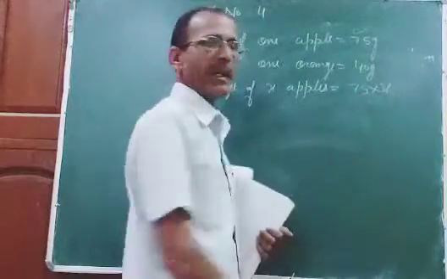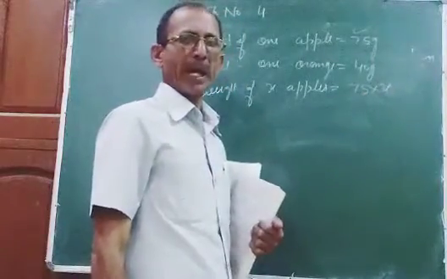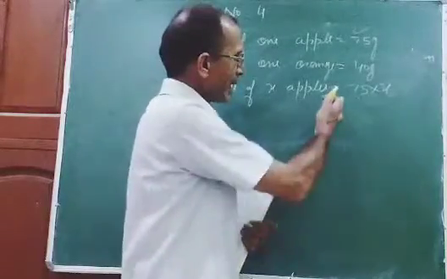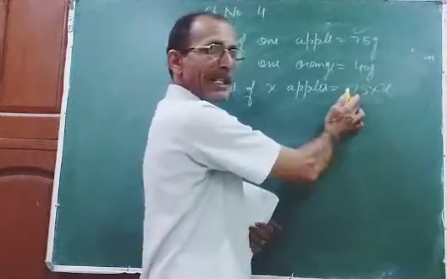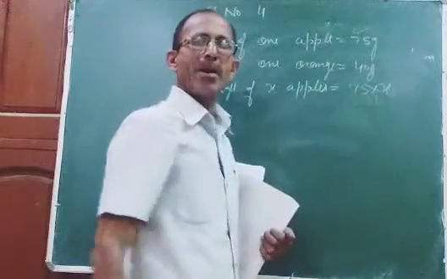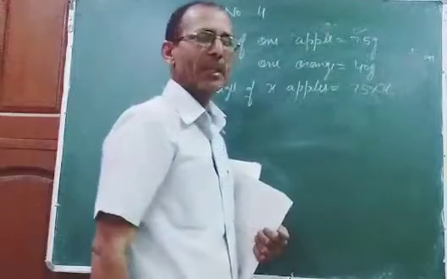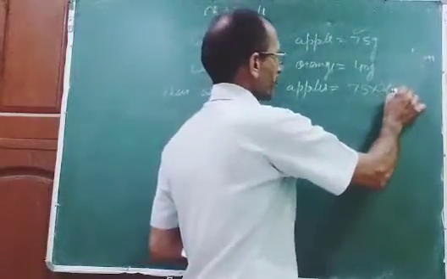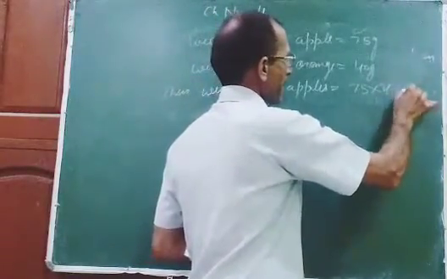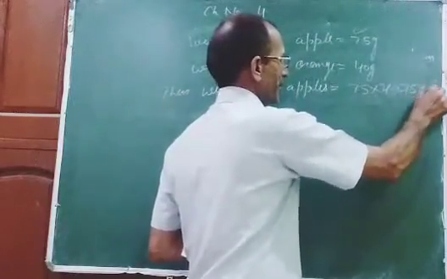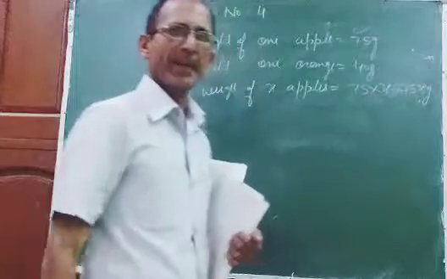If the cost of one pen is 5 rupees, what will be the cost of 2 pens? You will multiply by 2. Same thing: the weight of one apple is 75 grams, and how many apples are there? x. So multiply x with 75. It will be 75x grams.